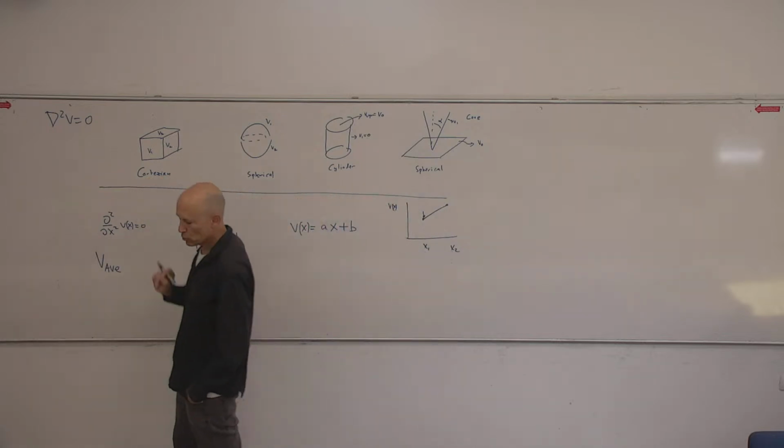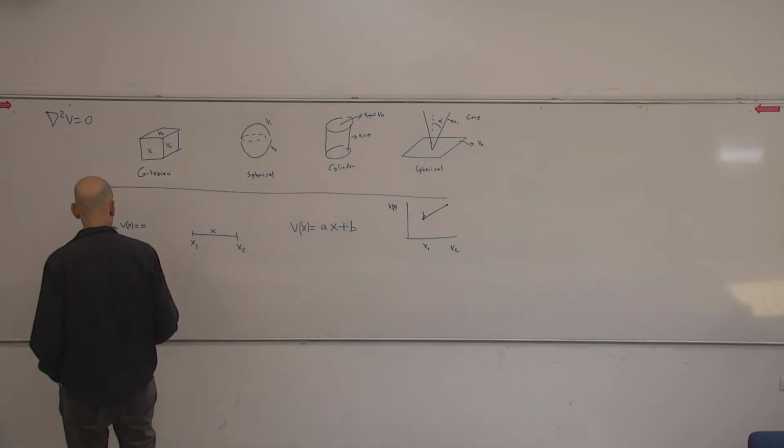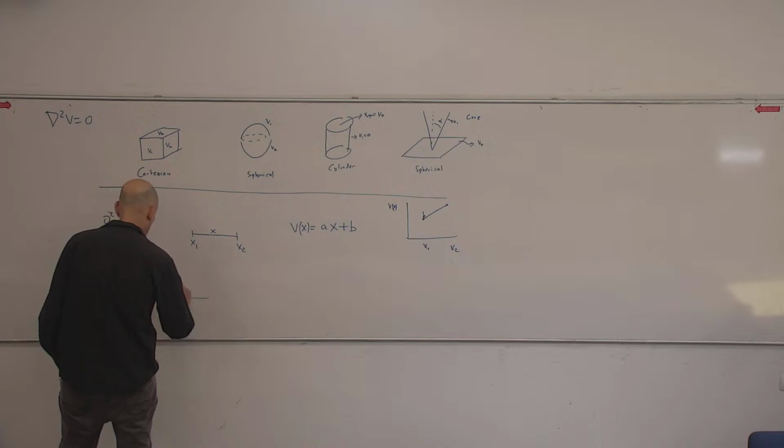In 3 dimensions it will be not trivial, and here it is going to be trivial. So what is the average potential? So what I do is the following. I have this solution. So this is x1 and this is x2, and here is my point of interest, x.